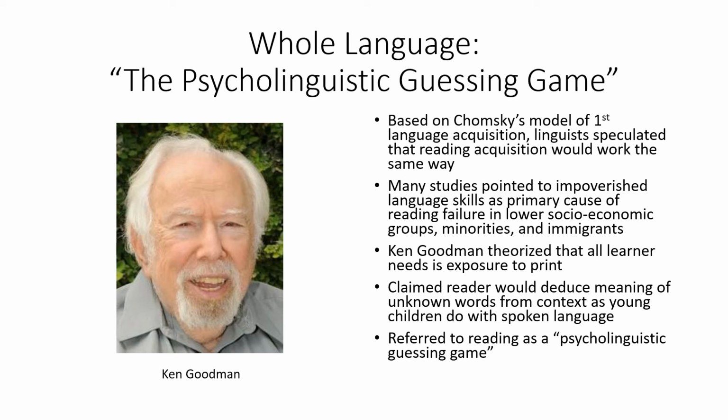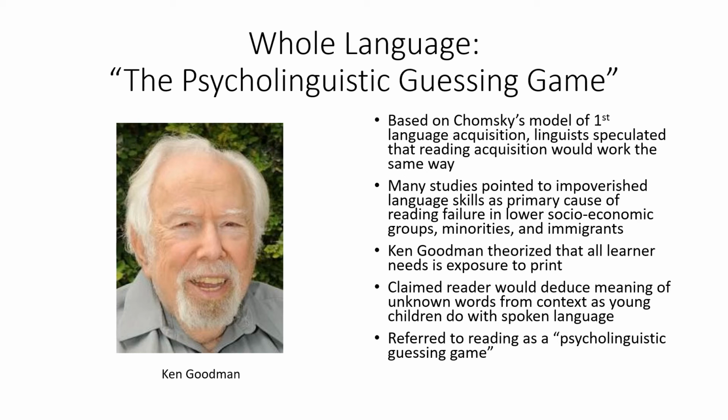Ken Goodman, who was at the University of Arizona, theorized that all a learner needs to learn to read is exposure to print, in the same way that all a language speaker needs to learn to speak a language is exposure to the spoken language. Goodman claimed that the reader would deduce the meaning of unknown words from context, just as young children do with spoken language.